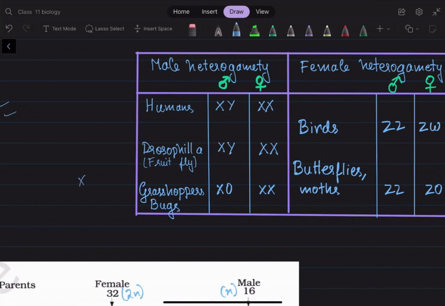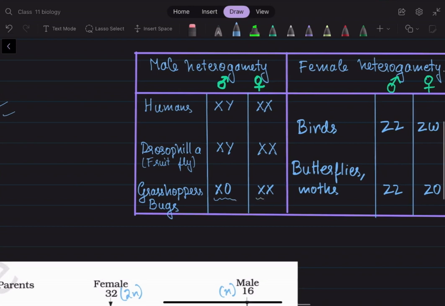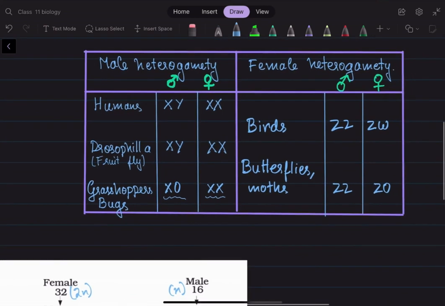There's only X, right? And the male contains only one X chromosome, whereas the female contains two X chromosomes. So in this case, half of the sperms will have X and the other half will not have any of them. Whereas all the eggs of the insects will definitely have just an X chromosome, and there'll be only one kind.